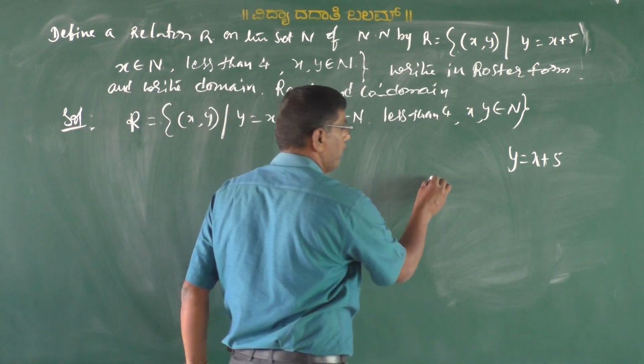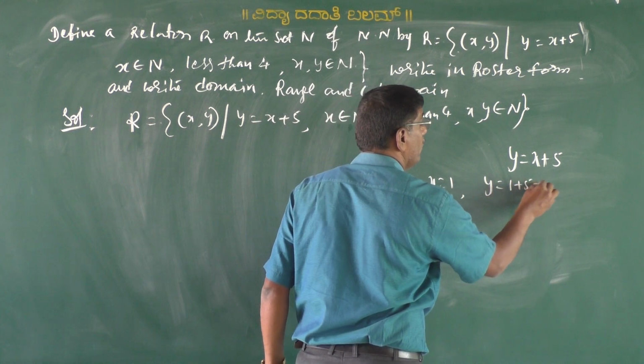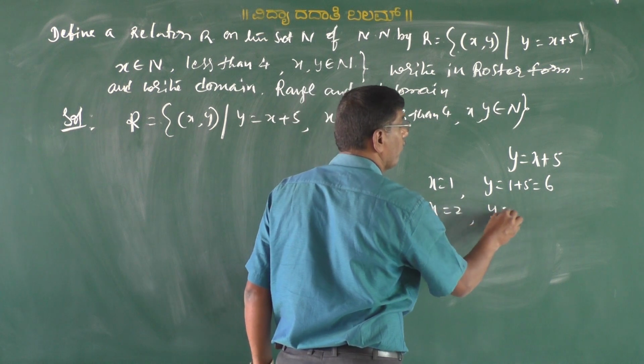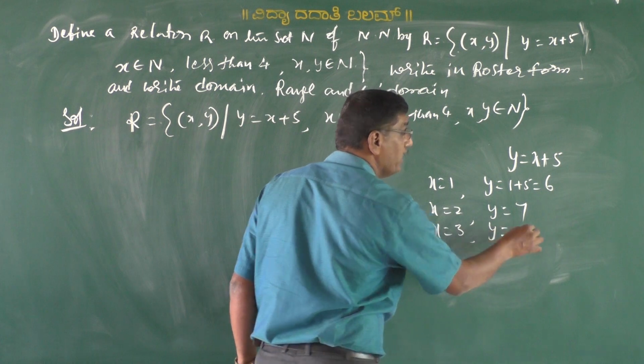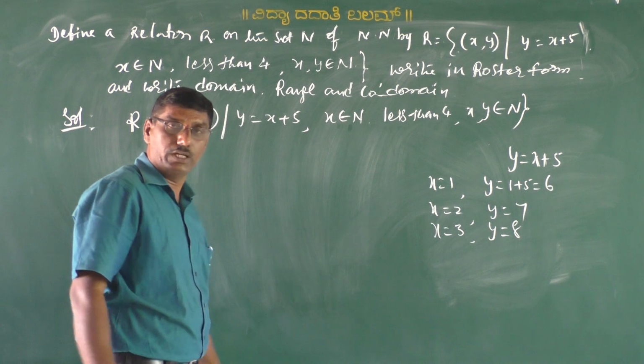If we put x = 1, we get y = 1 + 5 = 6. x = 2, we get y = 7. x = 3, we get y = 8. Isn't it? That's all.